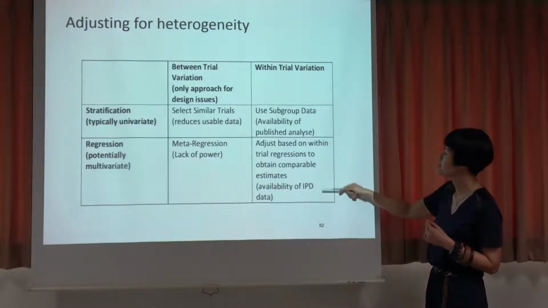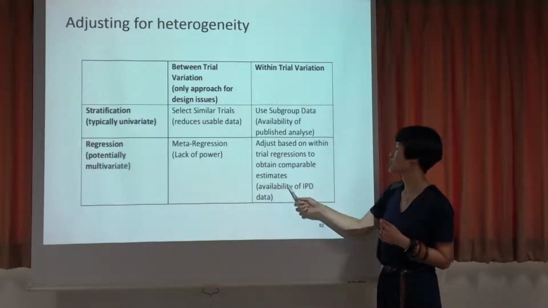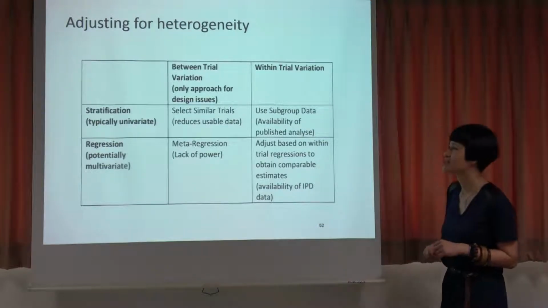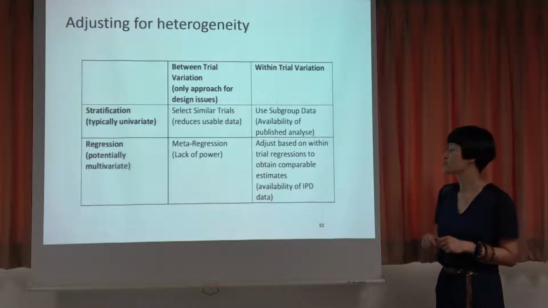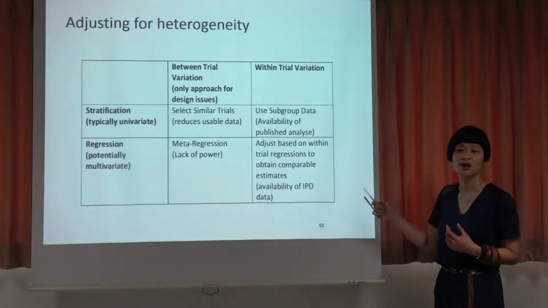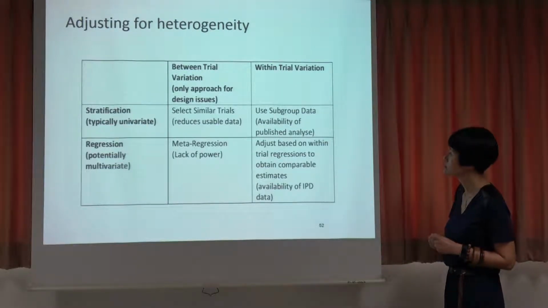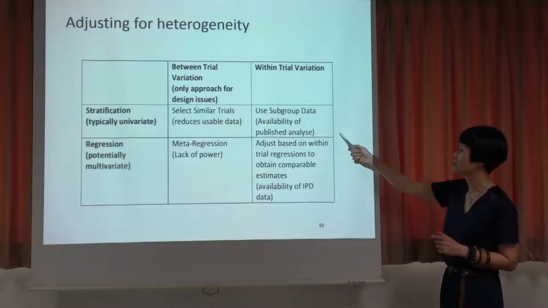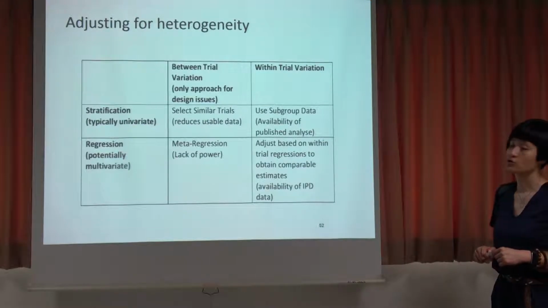But for this, one option is really to seek individual patient data at the regression level, because it's basically similar to pairwise meta-analysis. Based on reported results, it's very limited, depending on what data you have from the studies that will allow you to do that. So we can adjust for between-trial variation and within-trial variation using either stratification or regression techniques.